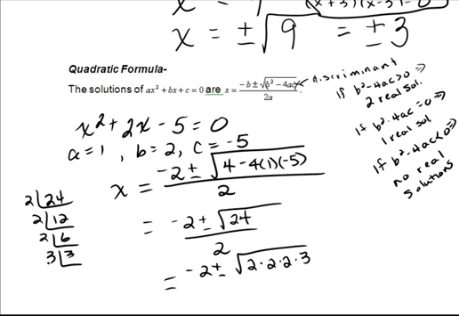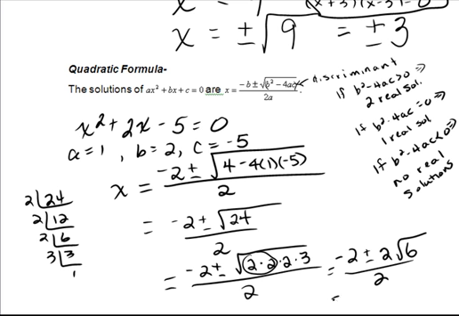Although at this time I have done it so many times I know exactly what it is. Divided by 2. Anytime you have a pair, you can bring one out. Plus or minus 2 square root of 2 times 3, which would be 6. So we end up with negative 1 plus or minus square root of 6.